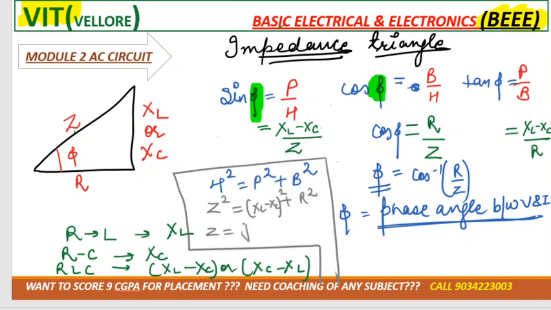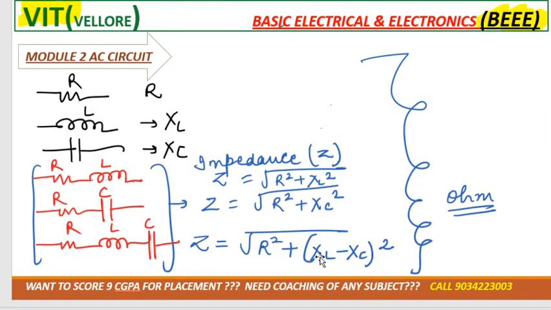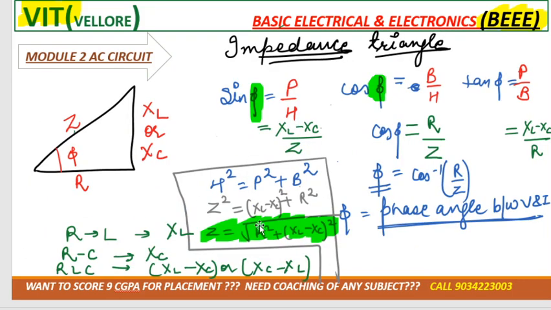So Z is equal to root of R square plus XL minus XC whole square. So see, we got the same formula which we got here. I told you directly, but now you know how this formula comes, right? Any doubt up to here?